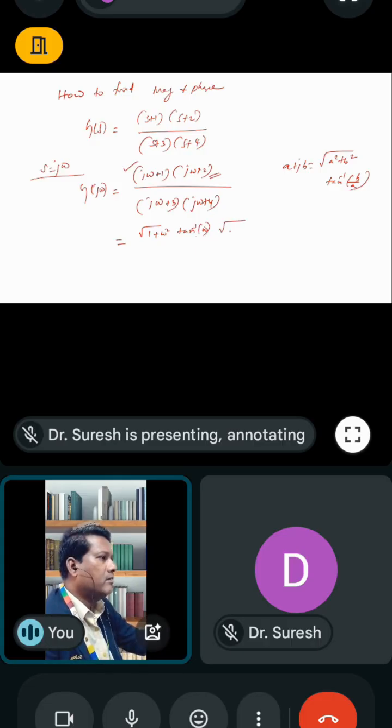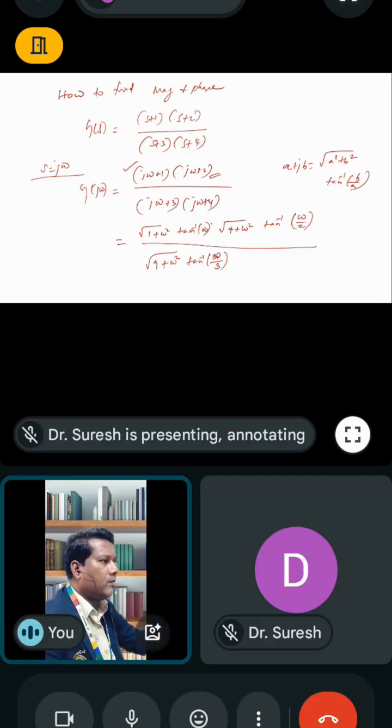For the second term, square root of 4 plus omega squared, tan inverse omega by 2. Then in the denominator, the first term is square root of 3 squared, 9 plus omega squared, tan inverse omega by 3.